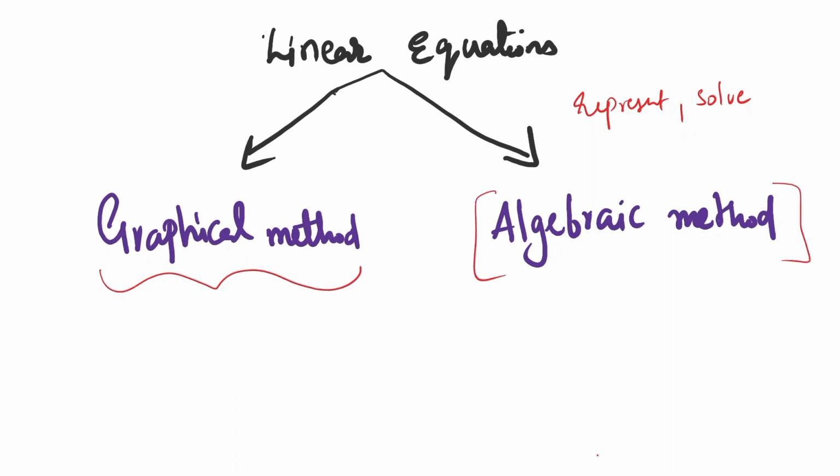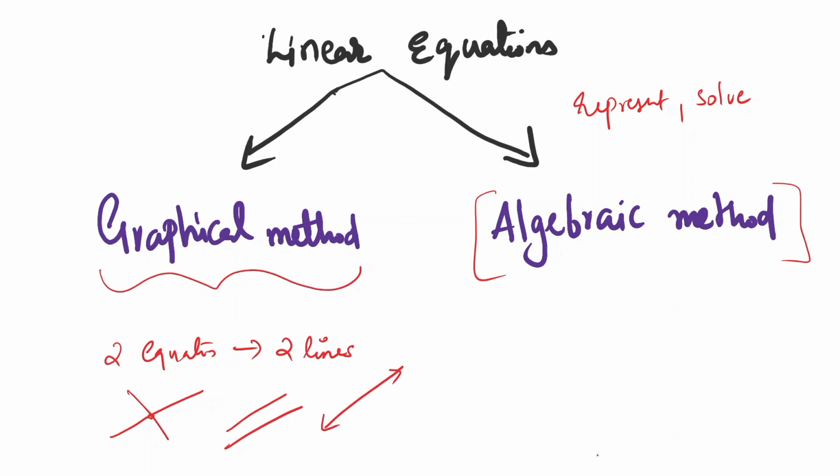The algebraic method we can discuss in the next video. In the graphical method, if we have two equations, we can draw two lines, and according to whether the lines are intersecting, just passing, or coinciding, we can decide the nature of the solutions.